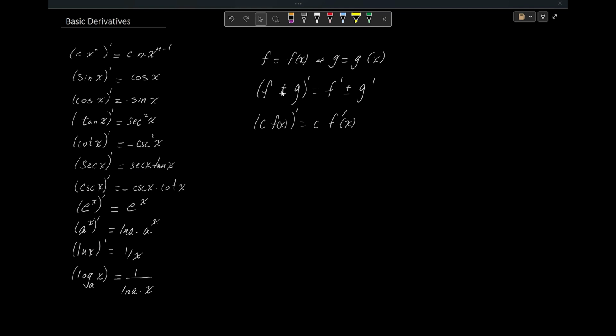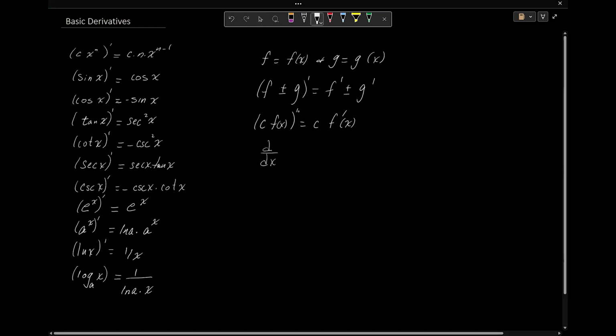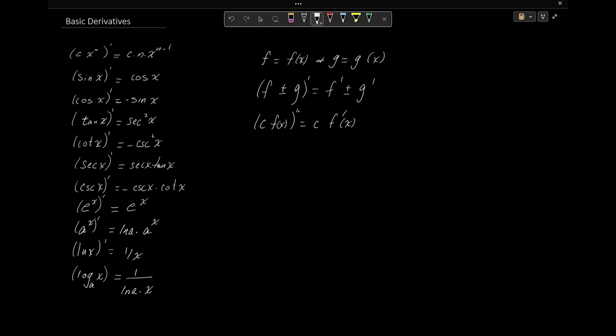Also be familiar with this: if we're taking the derivative of the sum and difference of two functions, then it's the sum and difference of the individual derivatives. If it's a constant times a function, and here we're using prime as a derivative, it's much easier than writing d/dx, less cumbersome, the constant sticks around times the derivative of the function.